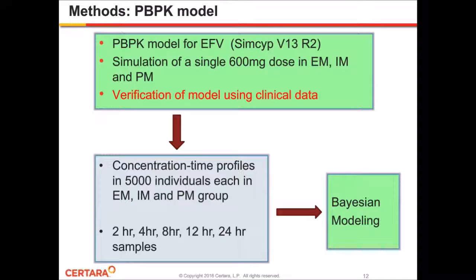And the reason for this was to see if we could use any sparse sampling technique in order to get a high probability of identifying the poor metabolizers. In the clinic situation, it would not be practical for the clinician to present the Bayesian model with the whole concentration time profile. But if we could use one or two samples extracted at specific time periods, it would be much more practical.